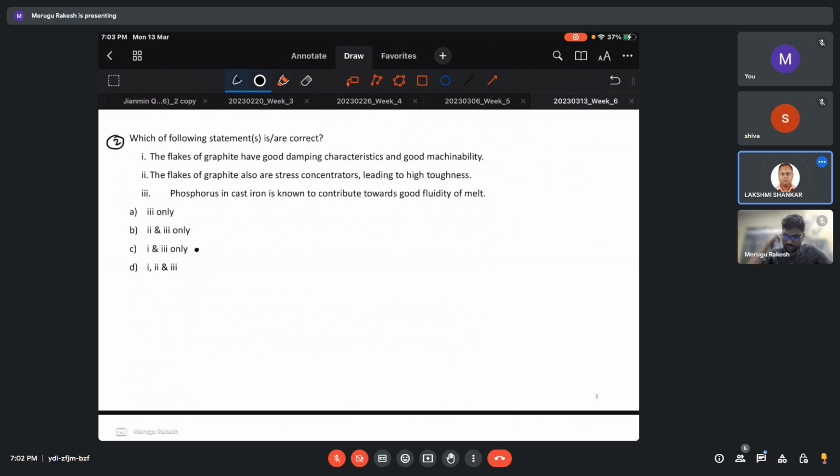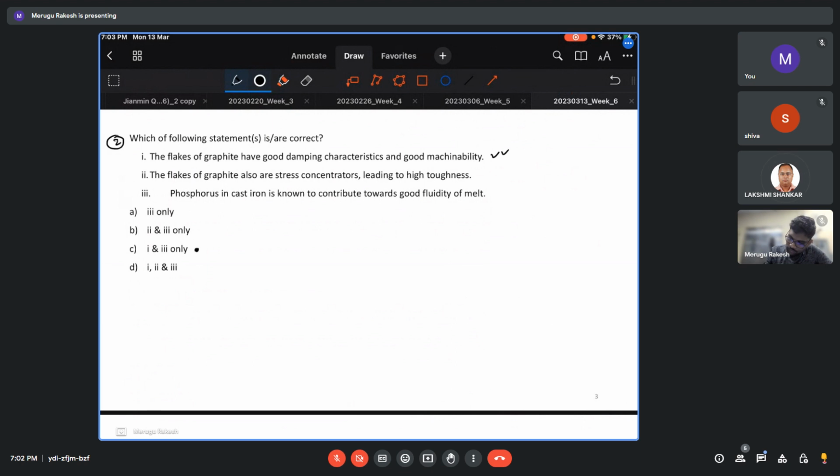Yes, flakes having good damping capacity, good machinability and fluidity. Correct. So option 2 is the wrong answer. So the correct option is C. As I discussed, this stress concentration will reduce the toughness, not increase the toughness.